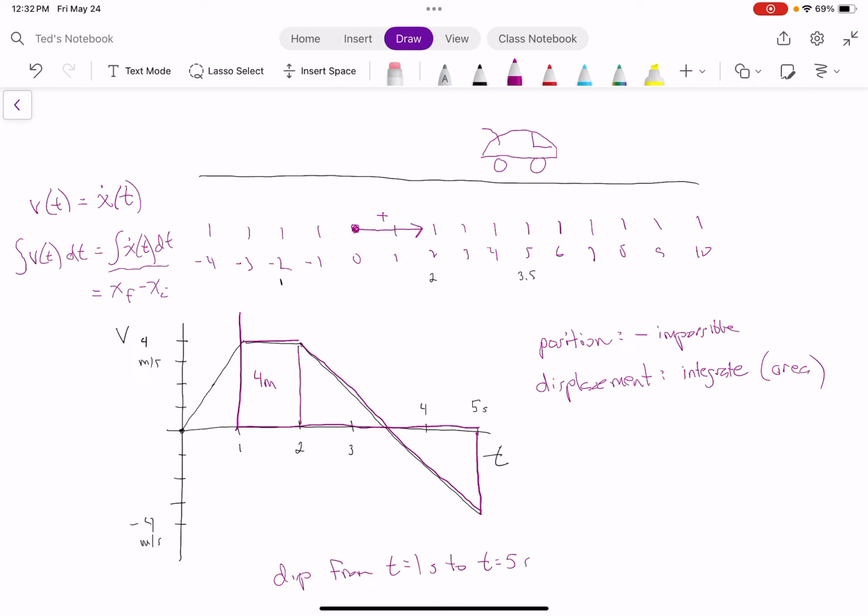This is a triangle. It's got a height of 4 and a base of 1.5. So a triangle, 1/2 base times height, is going to be equal to 3 meters. Is that right? Maybe I did that wrong. Sorry, the height is 4 and the base is 1.5, so I've got 1/2 times 4 times 1.5, which is 3 meters. Okay, yes.